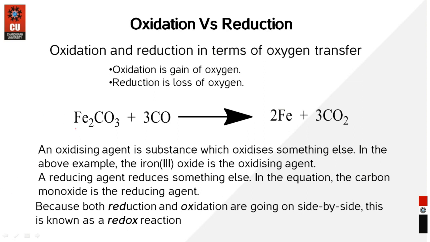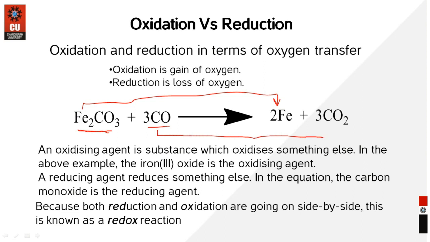In this example, a particular reactant is reacting with this reactant, right, and what we see in the product is that iron loses oxygen, so it becomes reduced, and carbon has one more oxygen, which means carbon is oxidized.